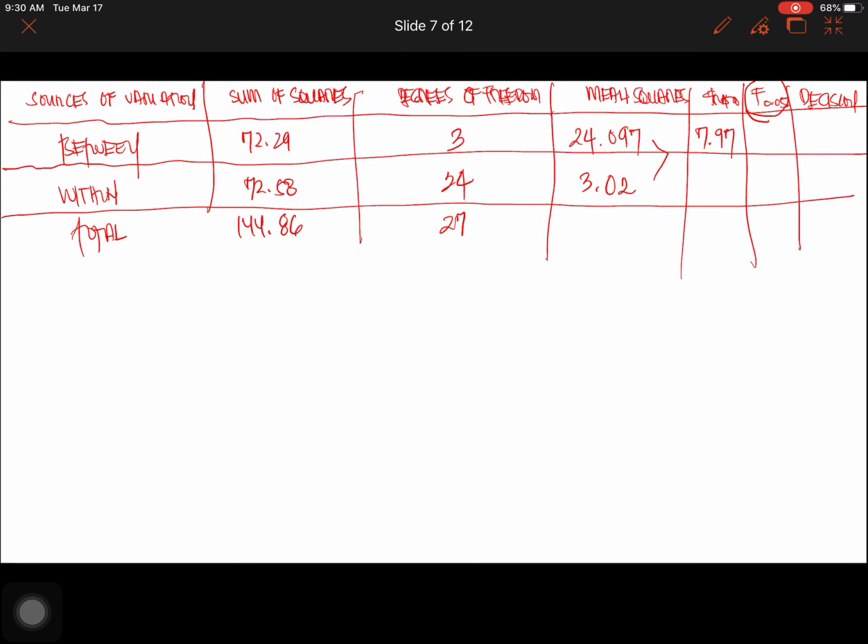So for the F at 0.05, we have there for the degrees of freedom between, that is 3, that will be for the column, and for the within, that will be for the row. Okay? So we have there 3 and 24. It gives us a tabular value or a critical value of 3.01.